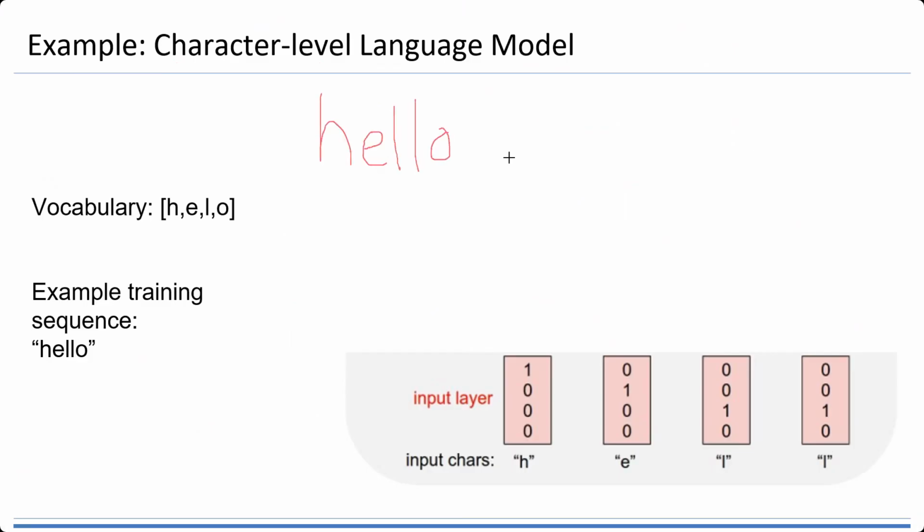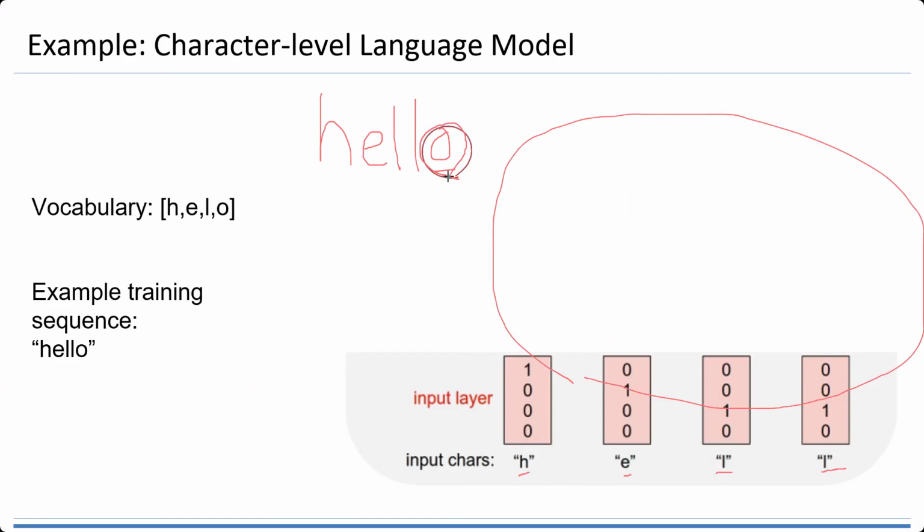We want to build a model so that it can predict the next character. If I have the word HELL, I hope that the machine or the model can know that the next character is O.